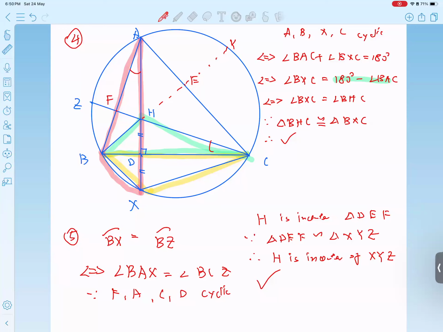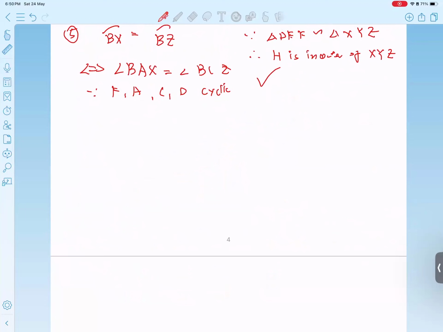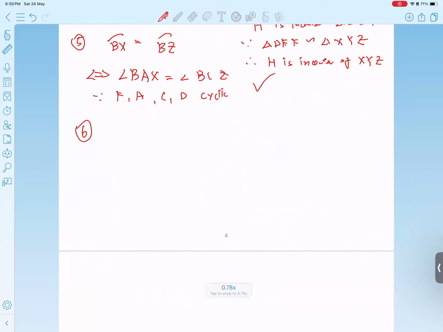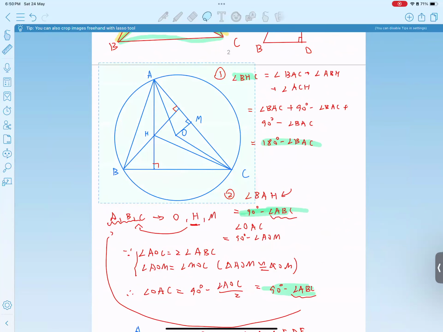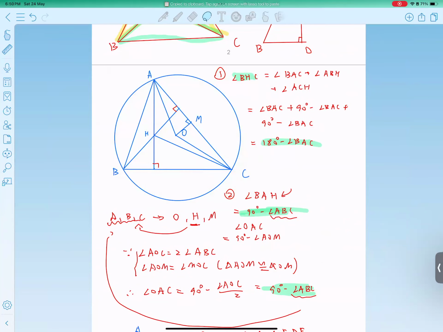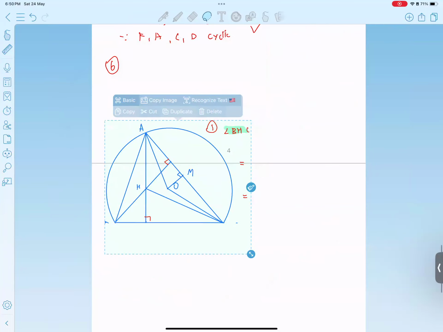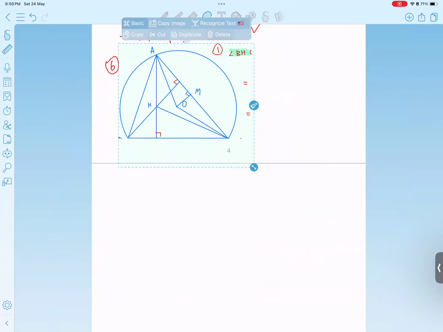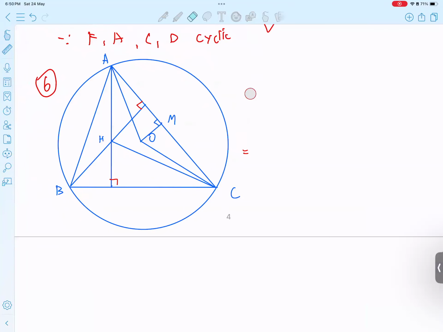So we're halfway there. The next one is a property that I'm really fond of, and it's also quite important. So we can recycle this diagram actually. Let's put it back. Right, this should be fine. So we extend HO.